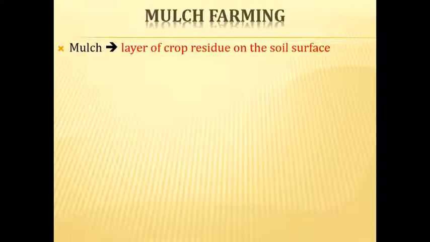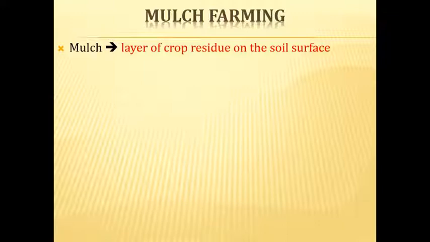What is a mulch? Mulch is a layer of crop residues placed on the soil surface. There are different types of mulches depending on the source and method of mulch procurement and application.